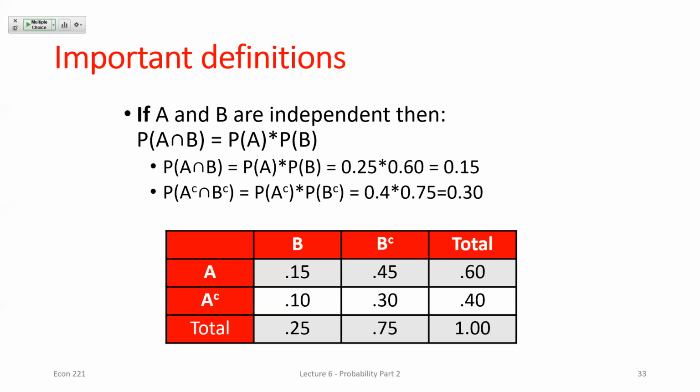Event B makes up half of the entire experimental outcome space. But what if I think about the probability of B given A? Well, that's going to be the intersection of those two events divided by whatever I'm conditioning on.